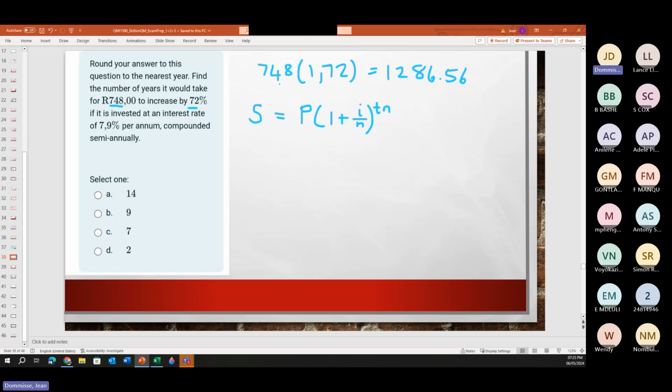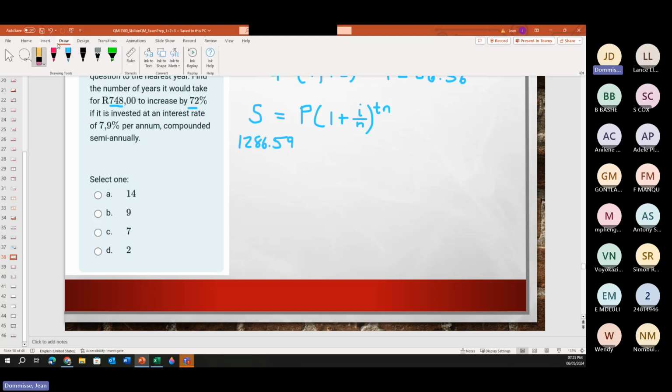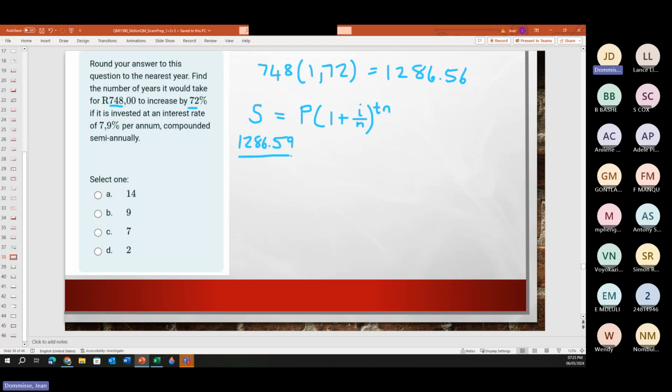So let's quickly do this, and if I somewhere write something wrong, please just let me know early in the calculation. I'm dividing by P on both sides.